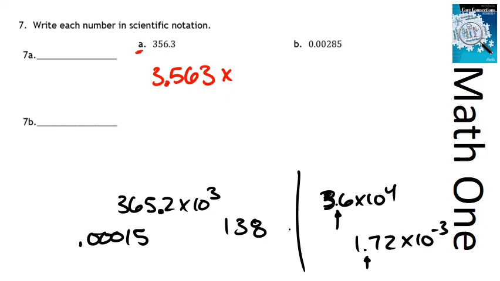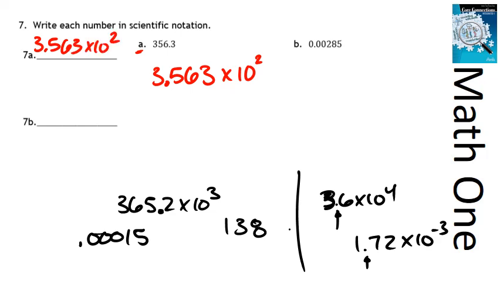But if I multiply by 10, it becomes 35.63. And if I multiply by another factor of 10, 10 times 10, it becomes 356.3. So you can see by multiplying by two factors of 10, I convert this number into scientific notation. So the answer is 3.563 times 10 to the second power.